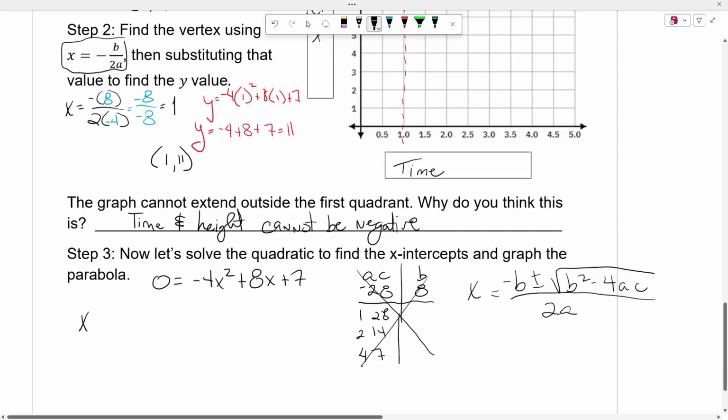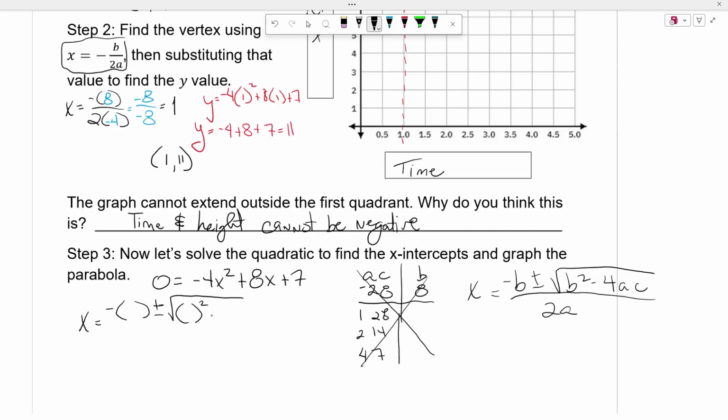So I have x is equal to, and I rewrite my formula, leaving blanks everywhere there's an a, b, or c. Go back and plug in my a, b, and c's. b goes here and here. a goes here and here. And c goes here.